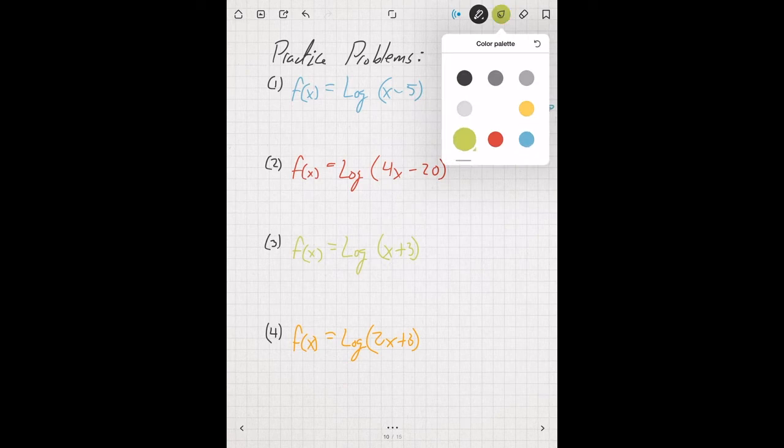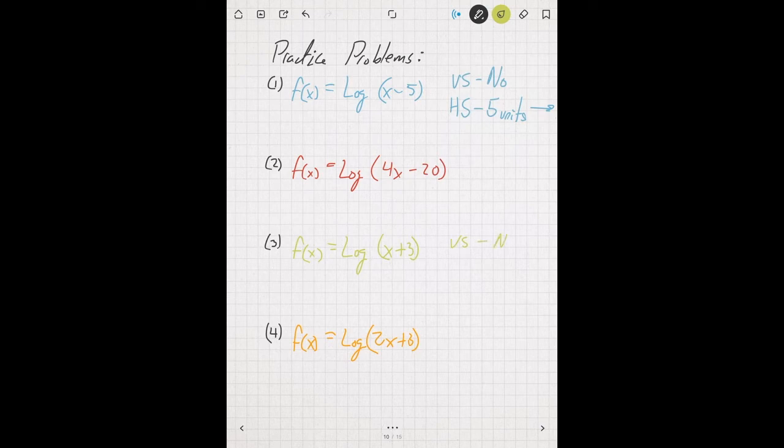Now let's take a look at the green graph. Has there been a vertical shift? Well, again, no, there should not have been, because there's no k value here. So we don't expect it to have moved up or down at all, but has there been a horizontal shift? We expect there to be, because we're manipulating the x.